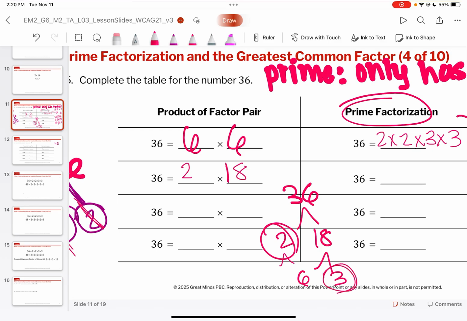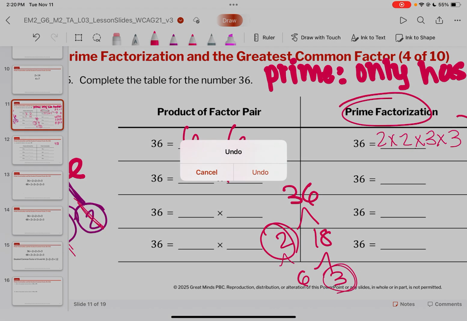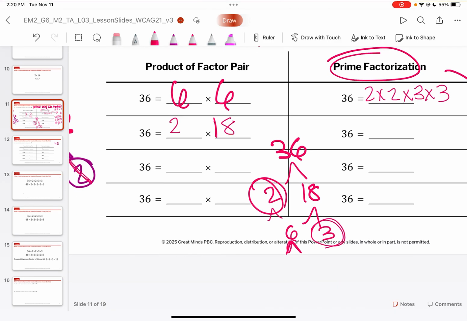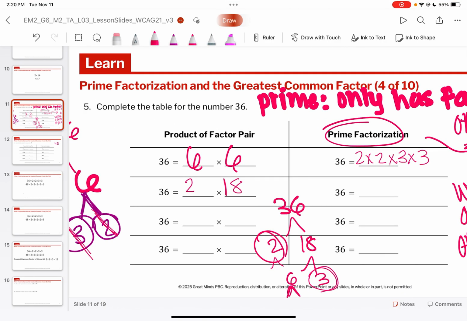Everyone, you need to memorize: 3 is a prime number. 2 is a prime number. Those are very common. All right. I have 6 left. What are the factors of 6? 3 and 2. Good. Circle it. Did I get the same exact thing as this one?